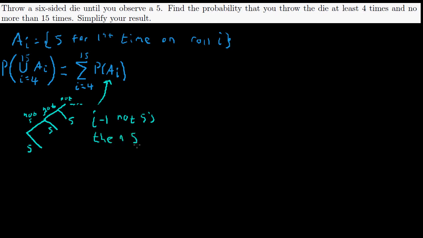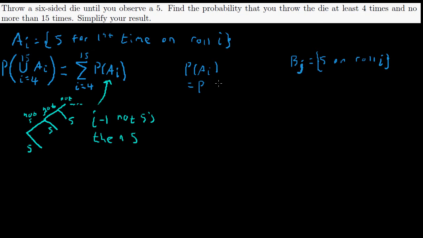Well, the rolls are independent, right? So if the rolls are independent, then P of A_i, let's say B_i is the event of getting a 5 on roll i. Actually we should call this B_j.